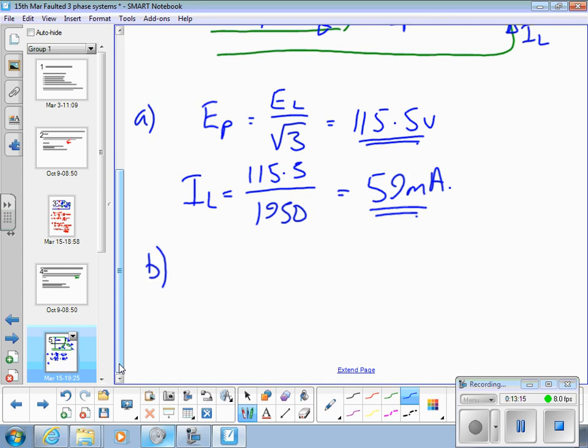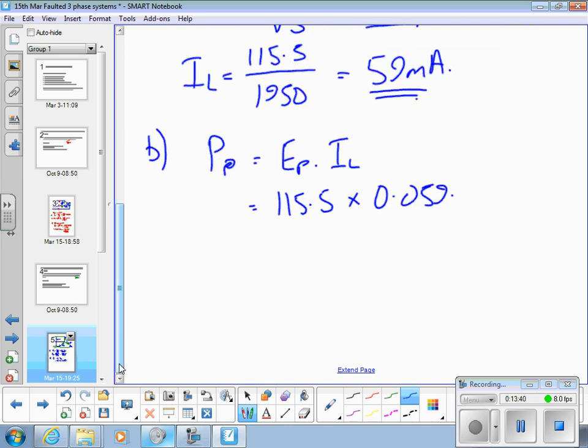So P for each phase is equal to EP times IL, which is 115.5 times 0.059, which is, we'll see.